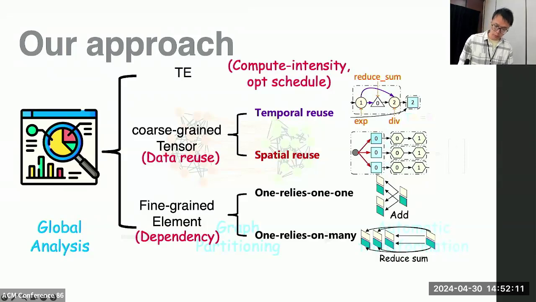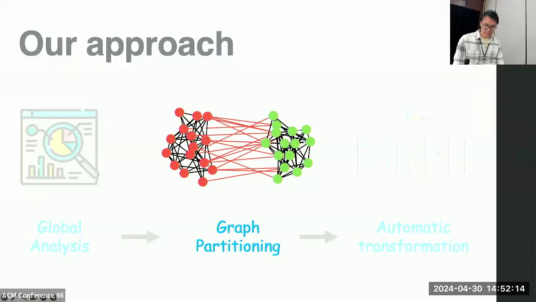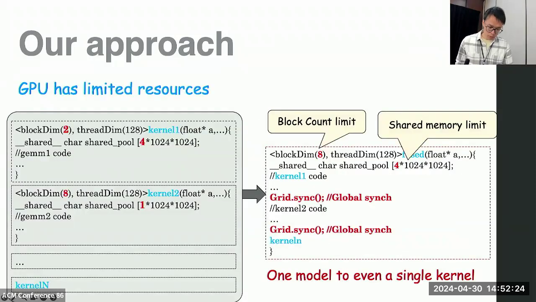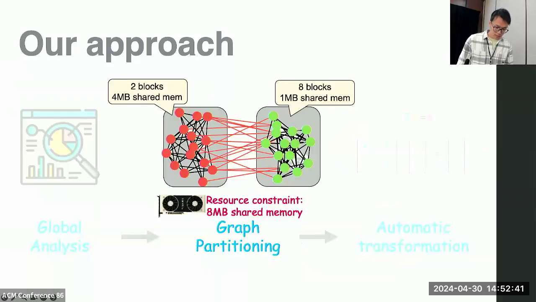Secondly is the graph partitioning, because the compiler tries to generate a large kernel to maximize the data reuse. However, to use global synchronization, we need to make sure that the block count does not exceed the maximum block count limit of the GPU, and the same holds for the shared memory. For example, assume we have a GPU with 8 MB shared memory.